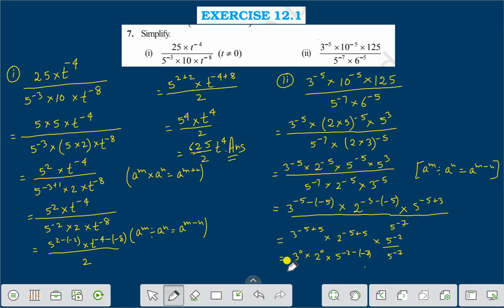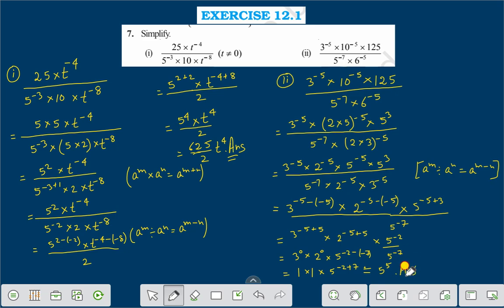Therefore, 3 to the power 0 is 1, 2 to the power 0 is also 1, into 5 to the power minus 2, minus and minus is plus 7. So we are getting 1 into 1 is 1, that is 5 to the power minus 2 plus 7 is 5 to the power 5. And that is the answer of question number 2. The answer is 5 to the power 5.